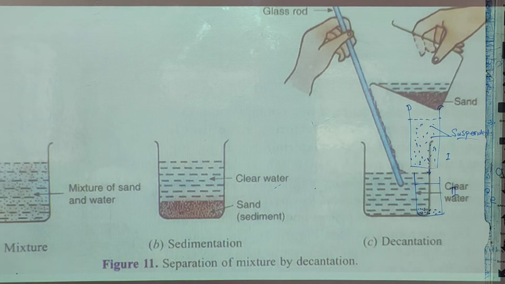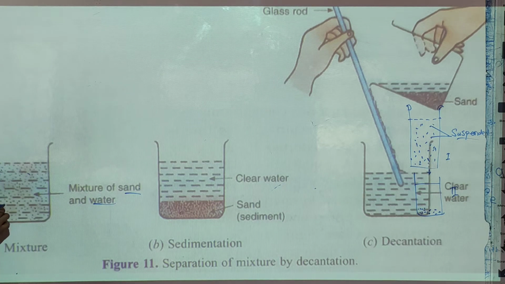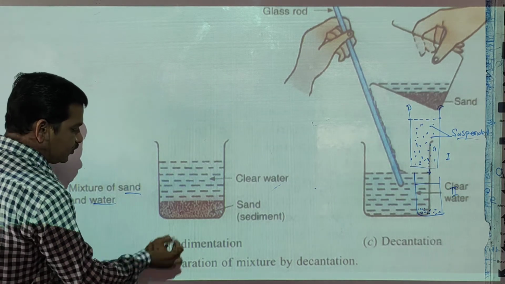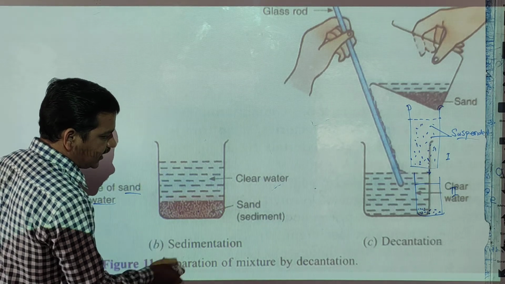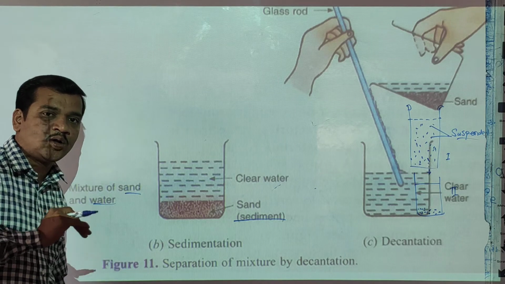Now see here, this is the mixture of sand and water. You can see the sand particles are suspended in water, and after some time, we have to let all these particles settle at the bottom. So this is called sediment. Sediment means settled at the bottom.